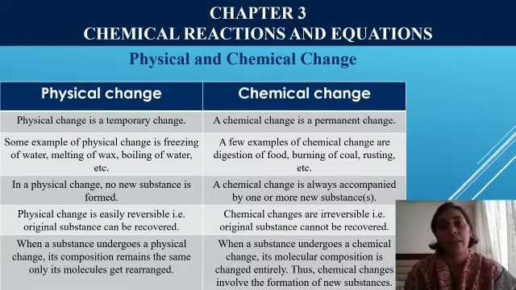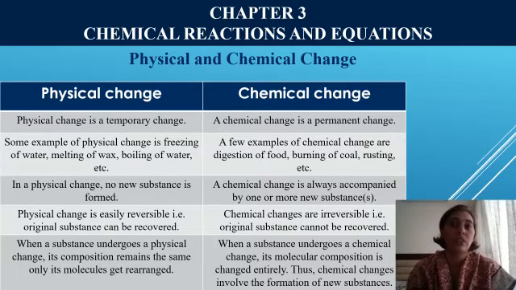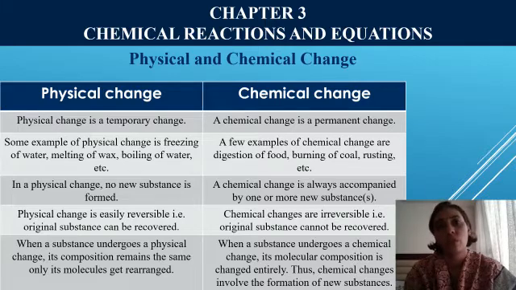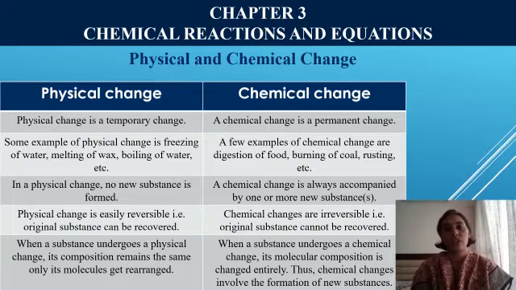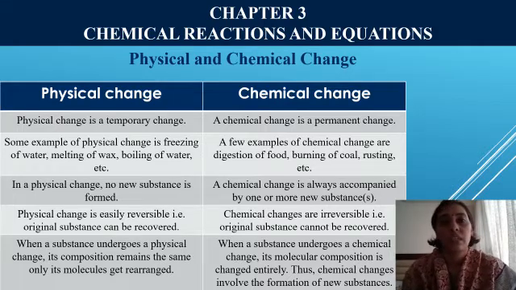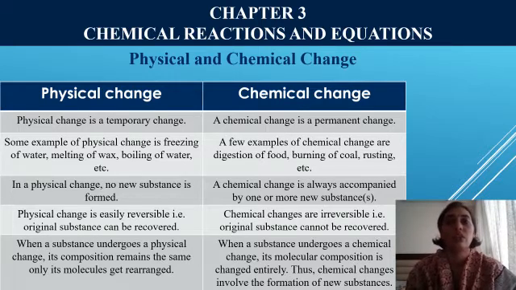The substances which are formed as a result of the reaction between the reactants are called products, or the new substances that are formed are called products. So this is what we had to study in this slide, that is, differences between physical and chemical changes. Now we move on to the next slide. The next slide is going to tell you about the examples of physical and chemical changes.